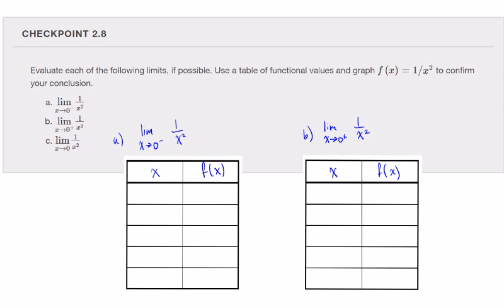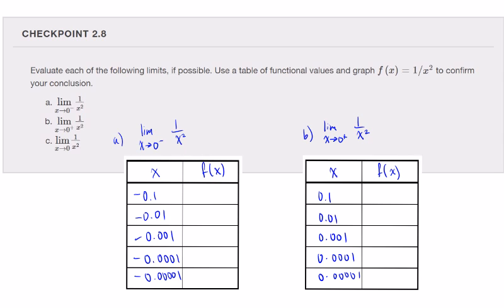So what I'm going to do is same thing as last time. If I'm approaching 0 from the left, I'm going to go negative 0.1, negative 0.01, right? Just getting real close to 0 from the negative side. So these numbers are going to get smaller and smaller, right? Same thing on this side except for positive, 0.1, 0.01, and so forth and so on, right?